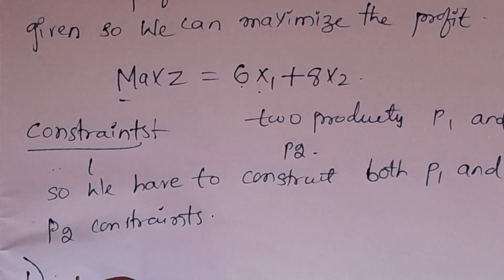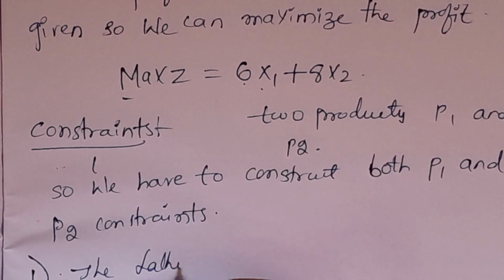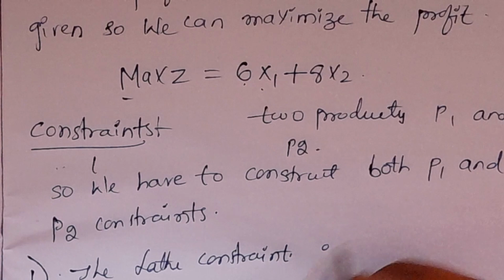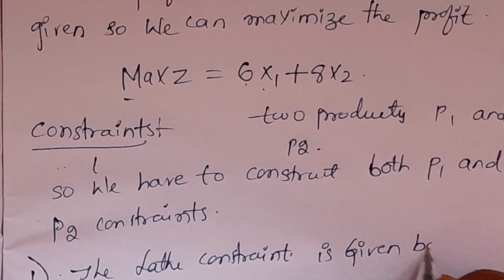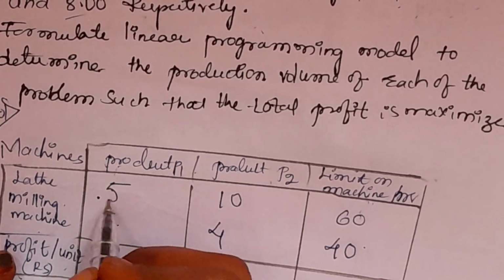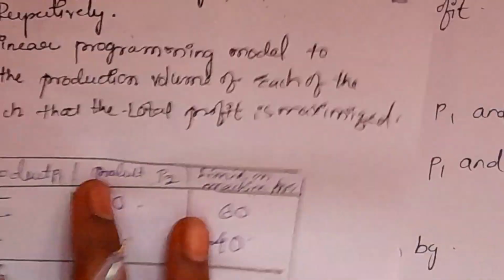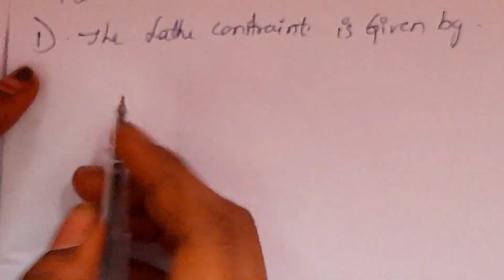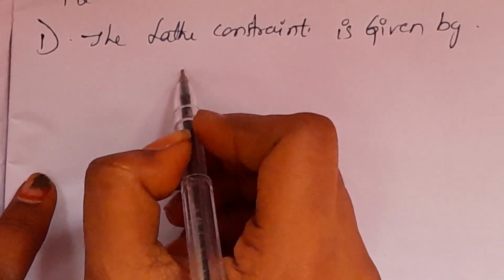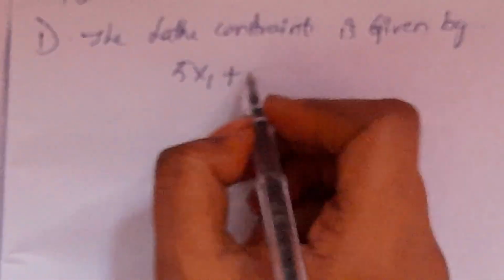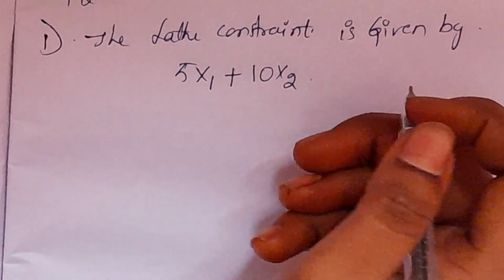First, the lathe constraint is given by, so here we have lathe constraints. Lathe: product P1 has 5 and product P2 has 10, so we can write this for lathe as 5x1 plus product P2 has 10x2, right?